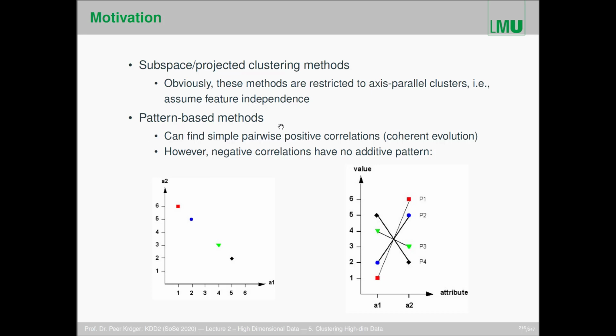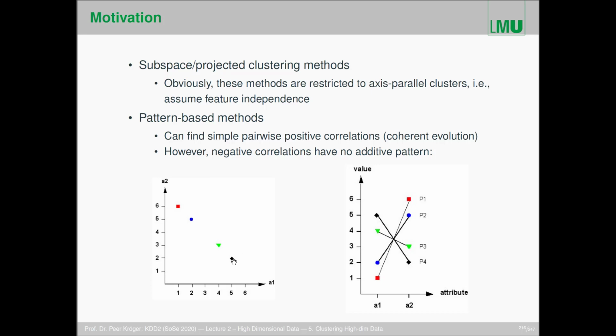What about pattern-based methods? They can actually find simple pairwise positive correlations if we take the variant with coherent evolution patterns. However, negative correlations have no additive pattern. Coherent evolutions will find additive patterns. But if we have a negative correlation here, so you see those points, the subspace perpendicular to this line is a subspace where those points cluster very well because they are more or less the same.